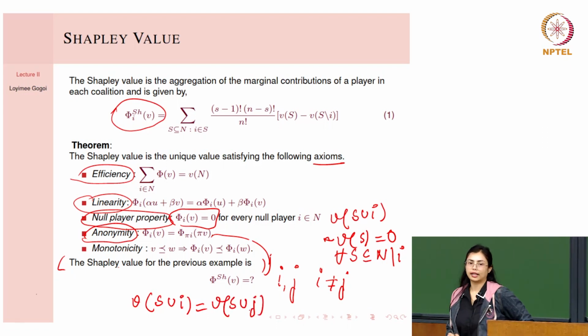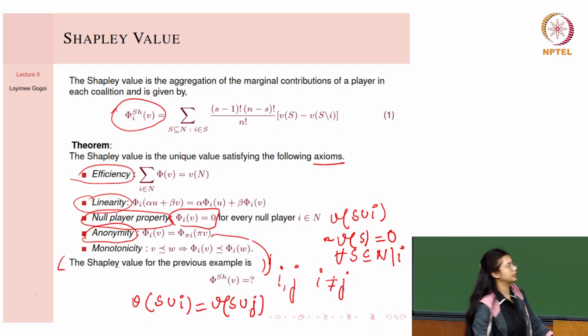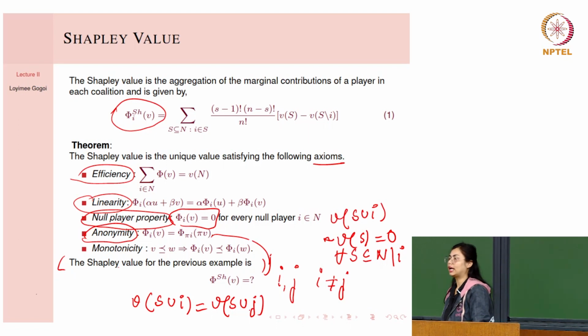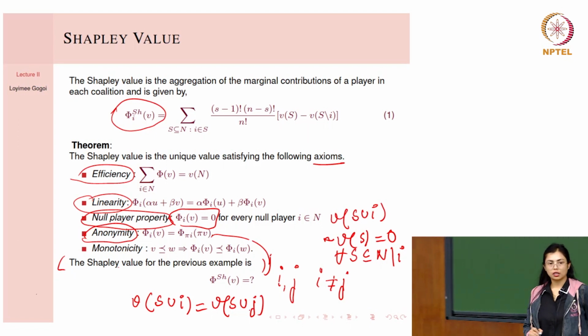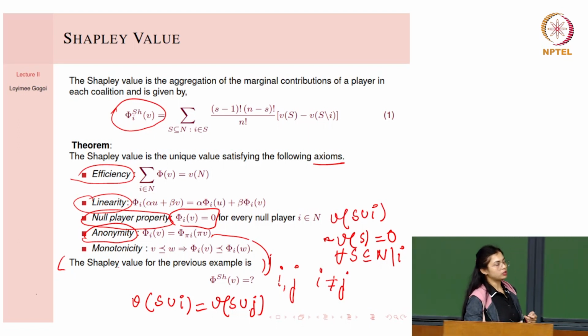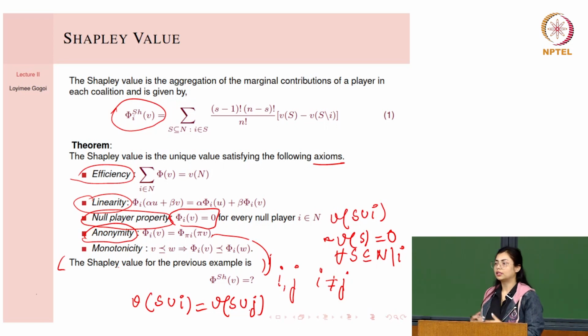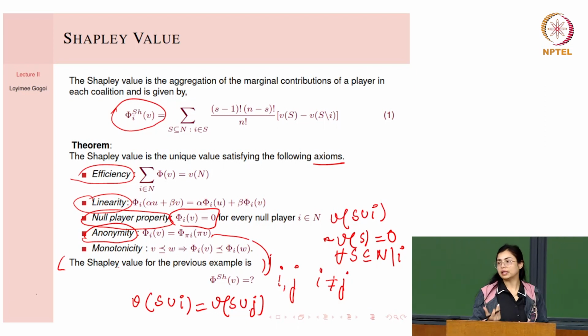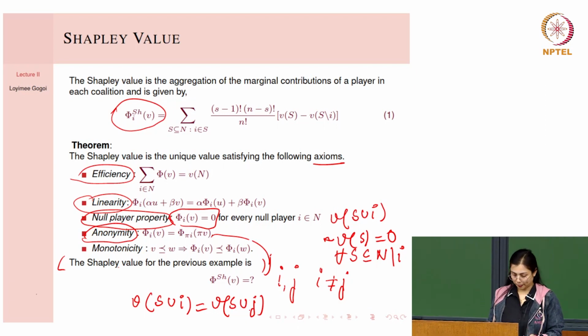Two different players contributing the same in that game, then Shapley gives them equal allocation. So if you are playing or somebody very big person is playing, but your contribution is the same as that person's, Shapley treats you equally, right?